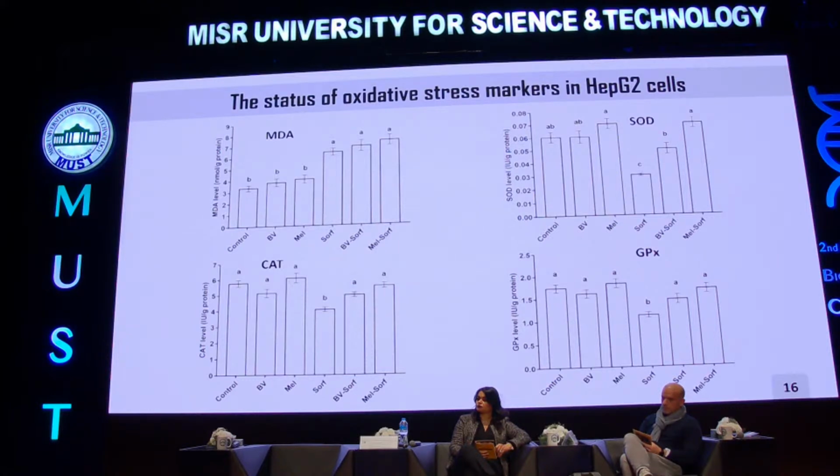But on the other hand, for SOD, catalase, and the other defenses, there were some changes but not so much effect, except for sorafenib, which may imply in some way that the combination of sorafenib with melittin or crude venom increases the oxidative stress for the cells.